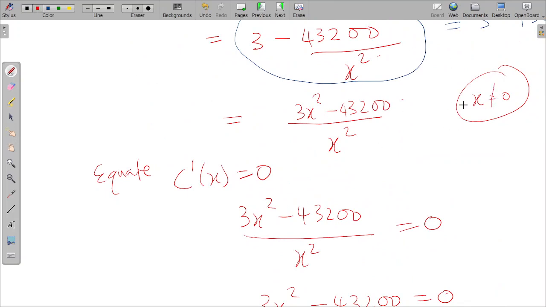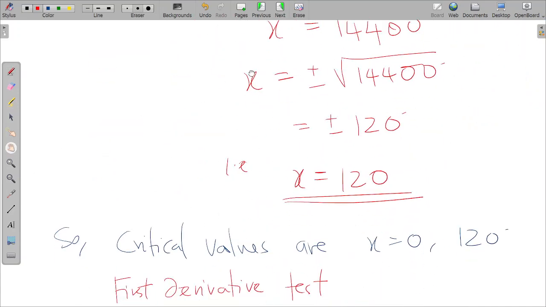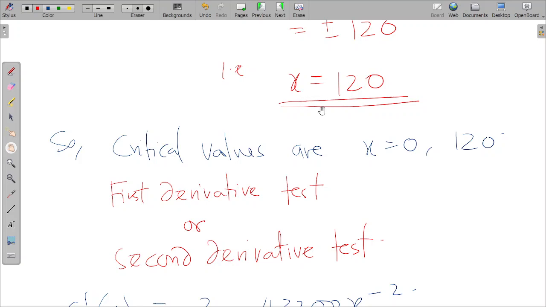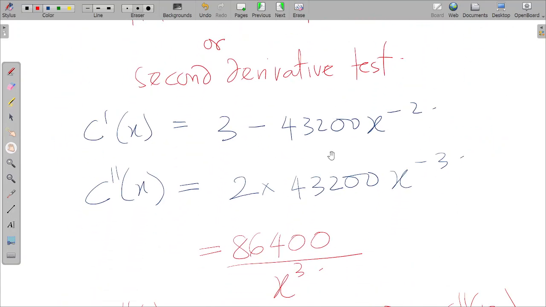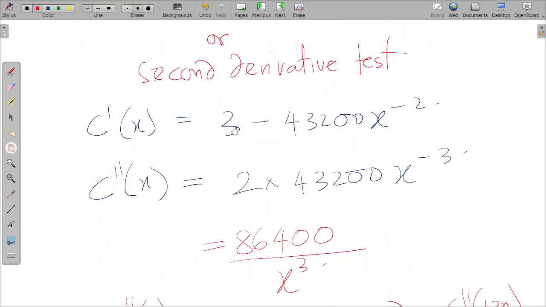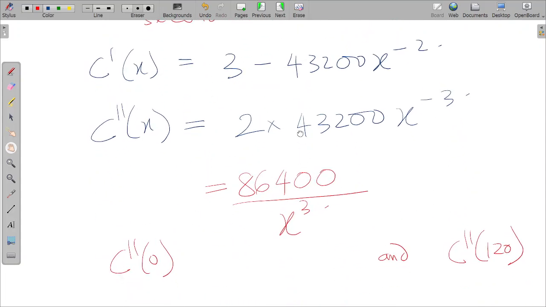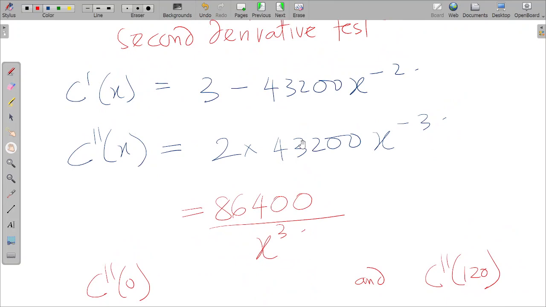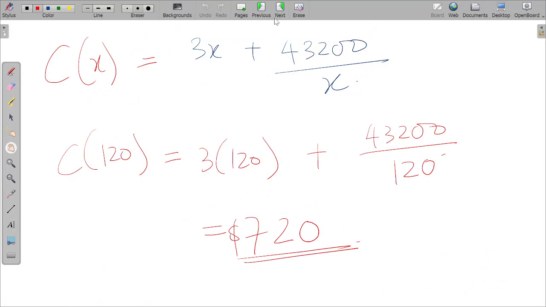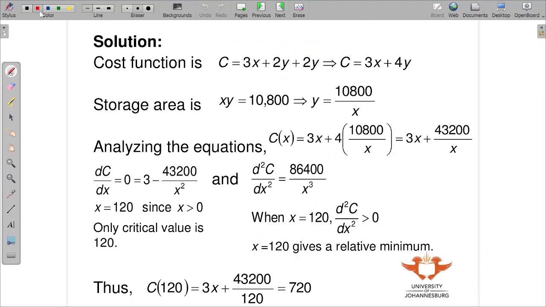If there is, that will be part of the critical values. Don't forget, whenever we are dealing with application problems, we are only dealing with x positive and y positive. And then you can use either the first derivative test or the second derivative test to find your relative maximum or relative minimum, depending on what you are looking for. I hope you understand. Please ensure you understand. That is all we have done.